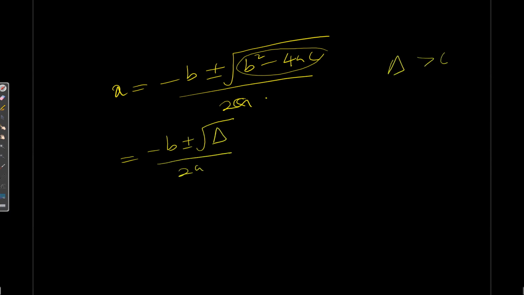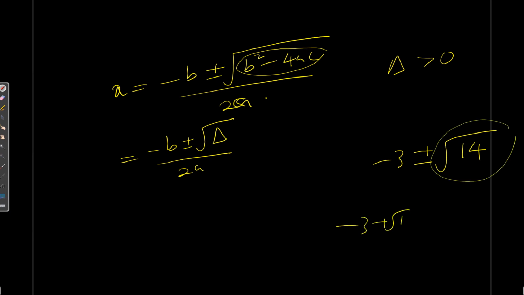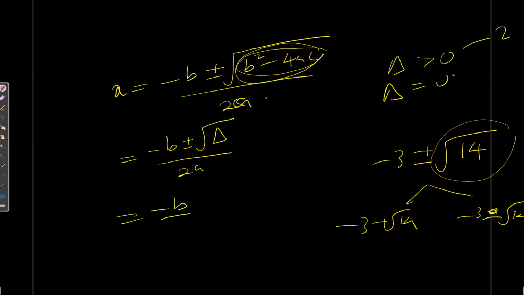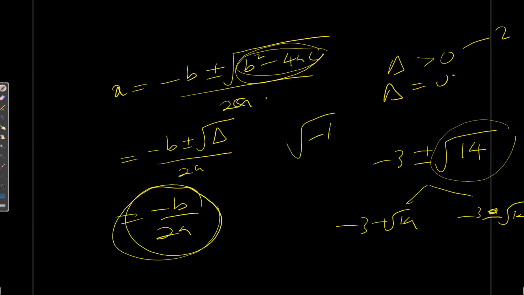So if delta was positive, for example you are getting something like this plus or minus, that's positive, because of that it exists, and you can break it into two parts like this, right? See, a plus and a minus. That's why when it is positive you have two roots. And if it is zero, this whole thing is zero, what will happen is it's just this, because plus or minus zero is just zero. One solution. And if it is negative inside, like the square root of a negative number, now this is complex, two complex roots.